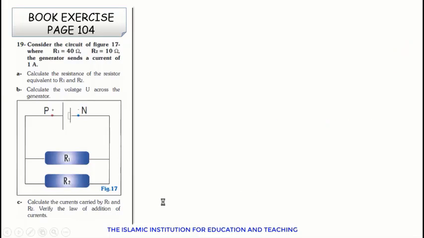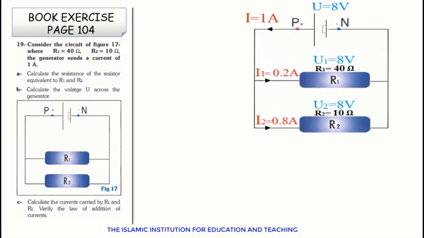Now let's verify the law of addition of currents. Here we have I1 carried by R1 equals 0.2 amperes, and the current carried by R2 equals 0.8 amperes, and the main current is 1 ampere.